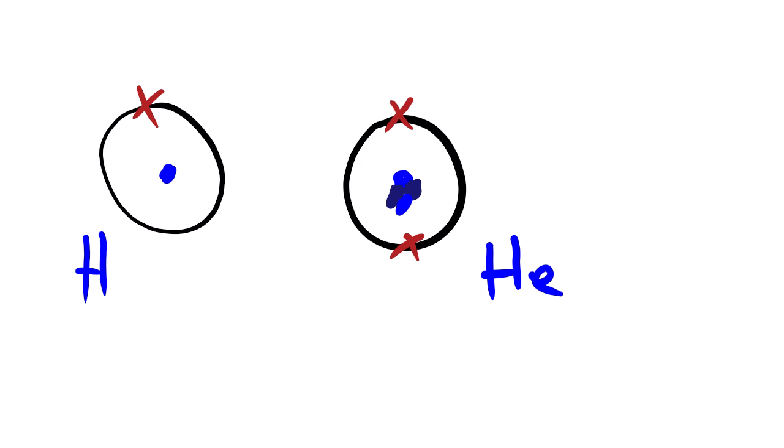Why? Because they always tend to be full or empty. That's why we categorize atoms based on the tendency of their outermost shell to be full or to lose electrons.